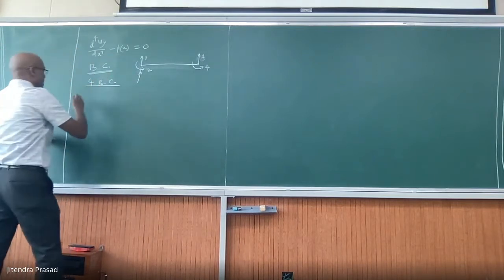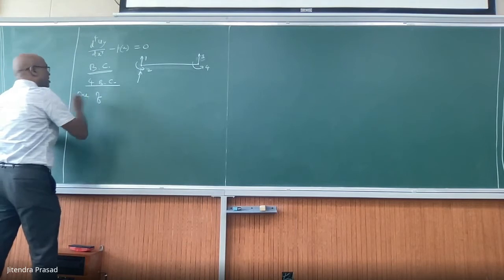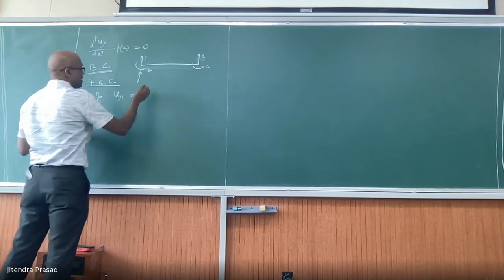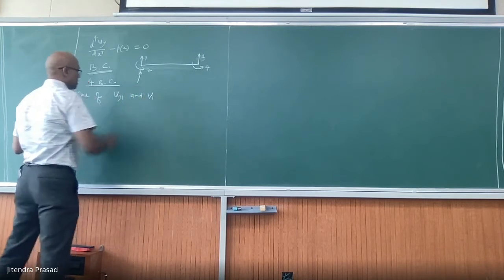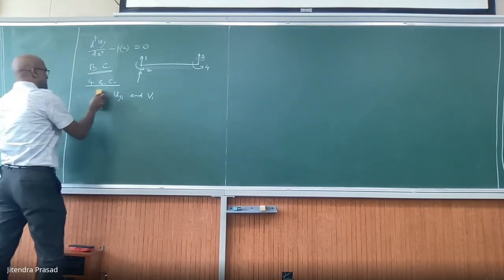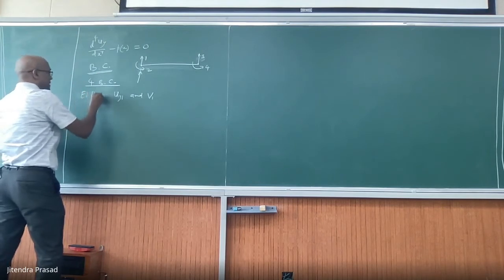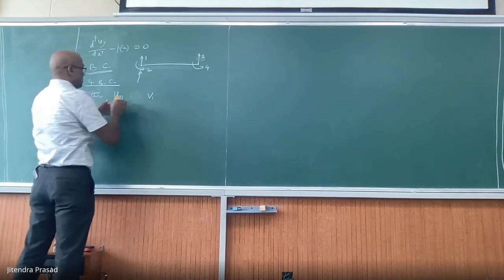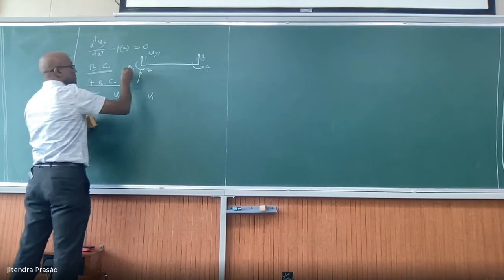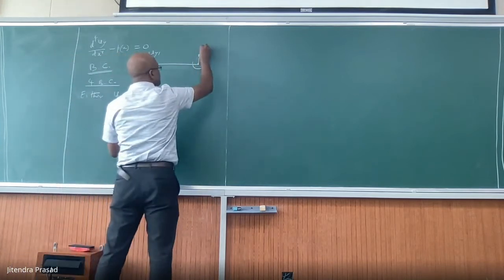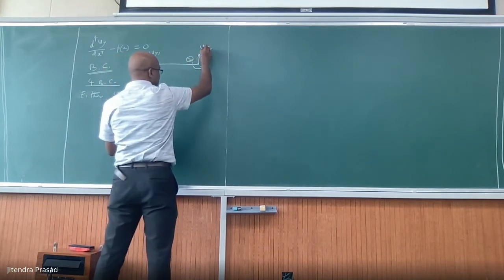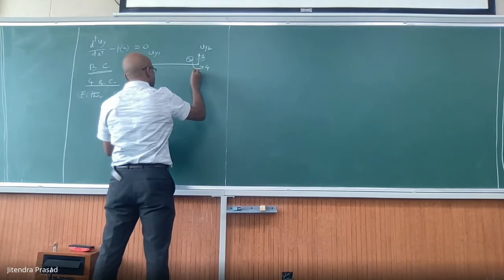So either you can give one of uy1 and what? V1. Either this or that you have to give. So this is uy1, this is theta1, this is uy2, and this is theta2, with node 1 and node 2.